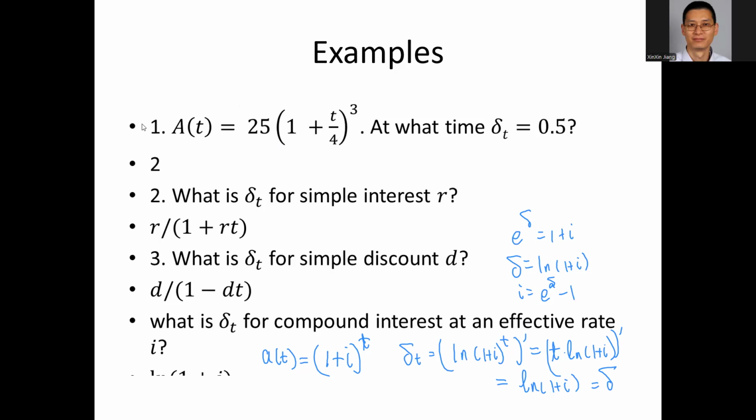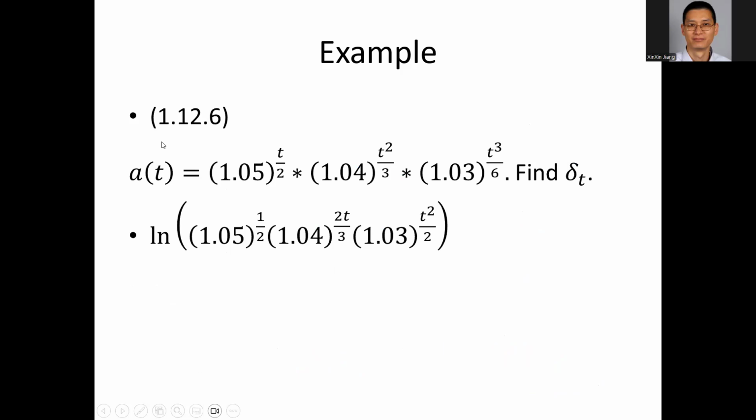All right, so in this problem we have accumulation function a of t, and we are looking for delta t. For this example, obviously log of a of t is very useful instead of doing a prime of t over a of t.